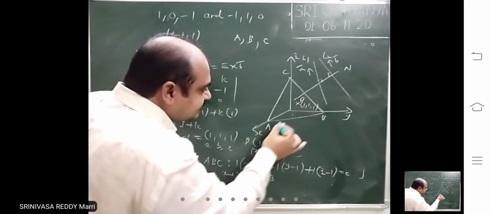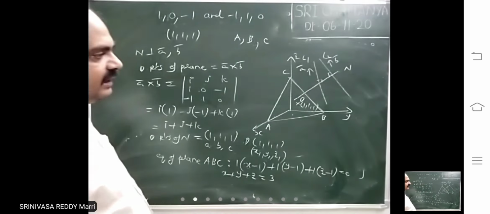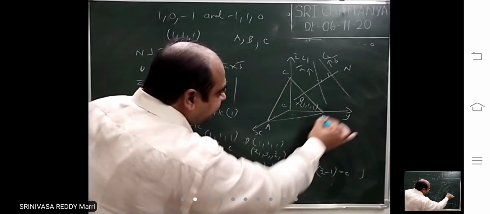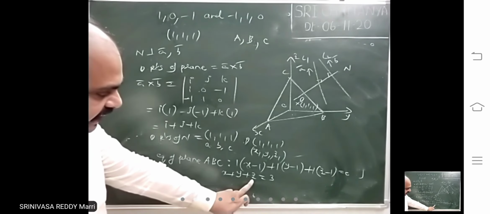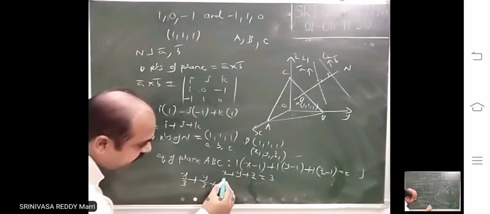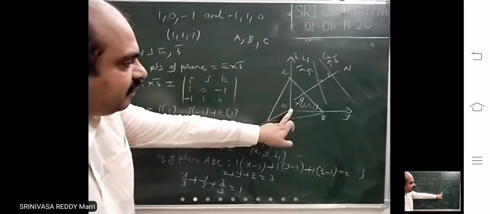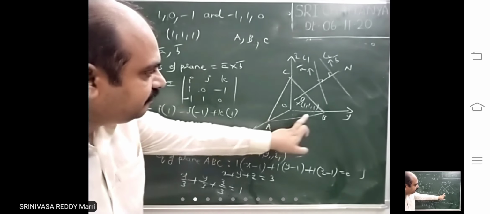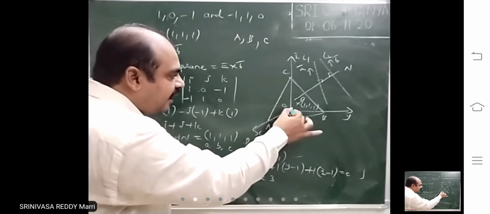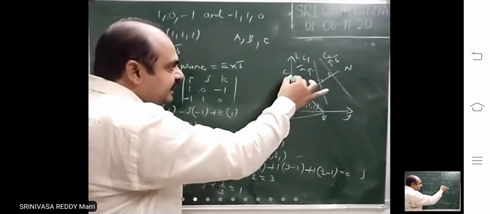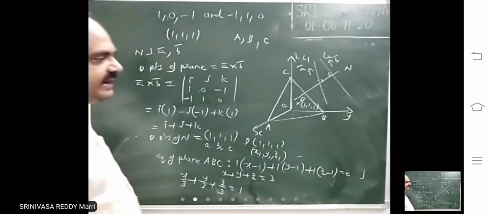Now this plane is intersecting at A, B, C. If you want to find the volume of tetrahedron OABC, convert this equation into intercept form: x by A plus y by B plus z by C equals 1. This tetrahedron is formed by joining OA, OC, OB.